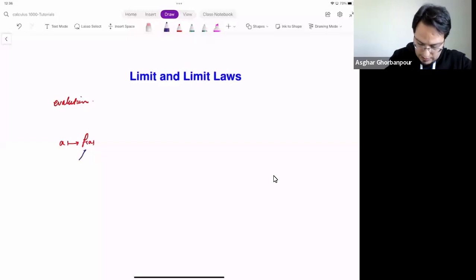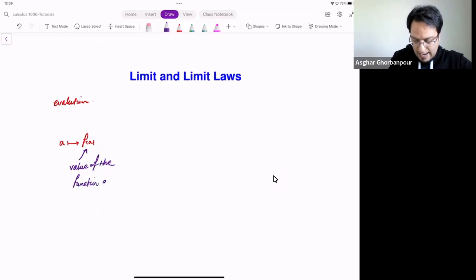Yes, so that's the value of the function at a. When it comes to limit, this is a little bit different story.